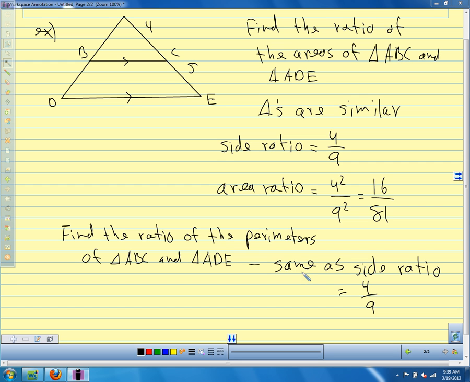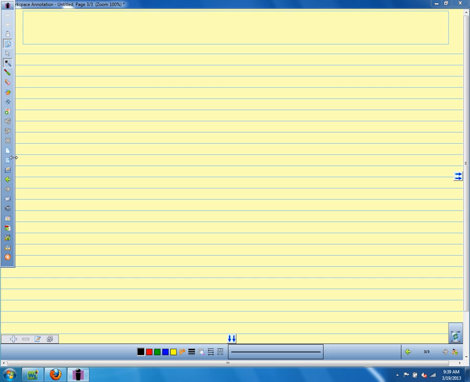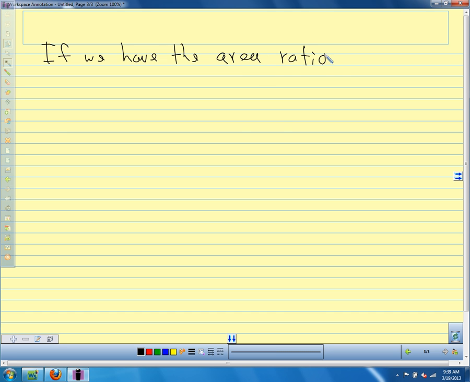All right. What if we have an area ratio and we want to find the side ratio? So we know the area ratio.